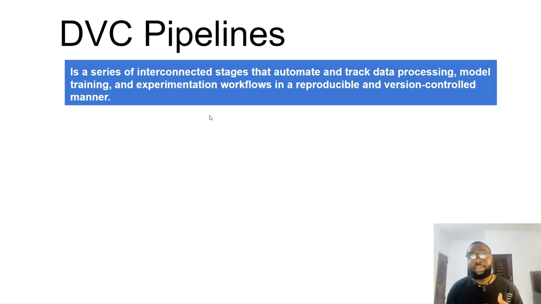A pipeline is a sequence of stages that can automate and track data processing, model training, and experimentation workflow, and it does that in a very reproducible and version controlled manner. So that means the same steps I took to generate a particular result for an experiment, I can reproduce as a pipeline.